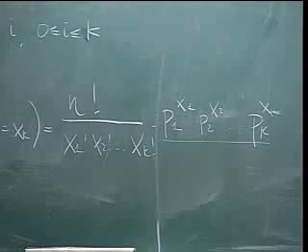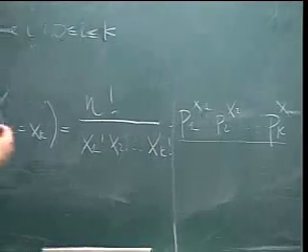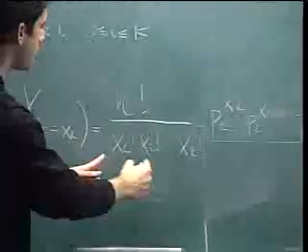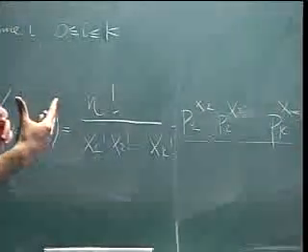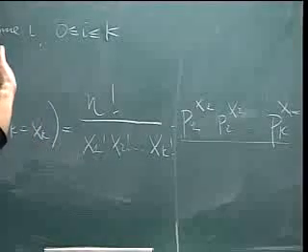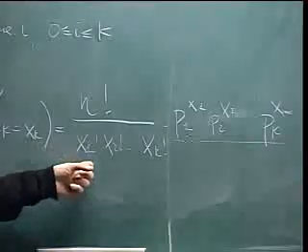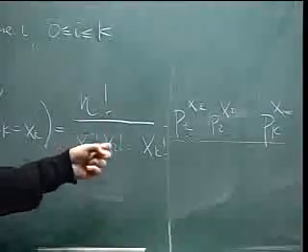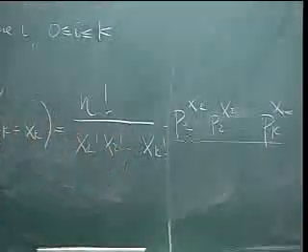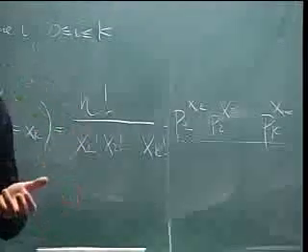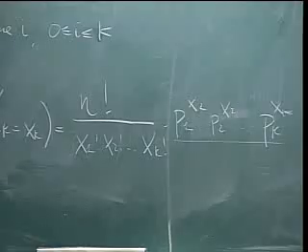But you have to take into account that each one of these blocks of type 1 events can be permuted as well. And if you do not divide by x1 factorial, x2 factorial, up to xk factorial, then you will be severely overcounting the probability. It probably wouldn't even add up to a probability. It'd be greater than 1.